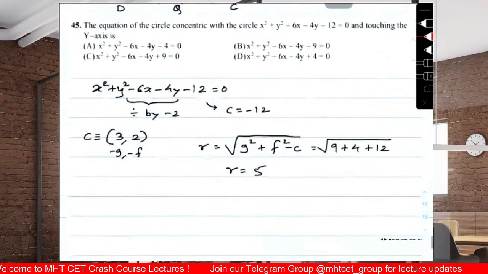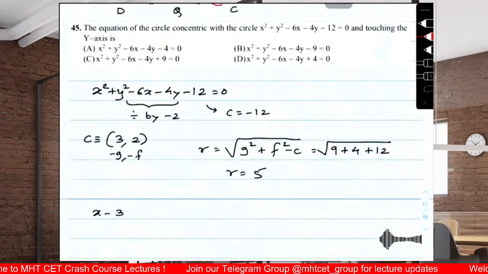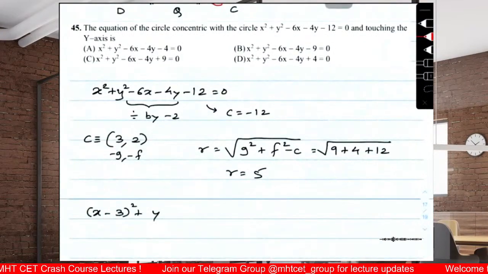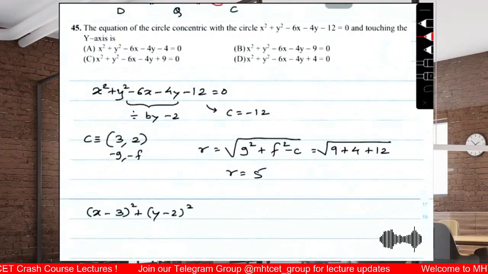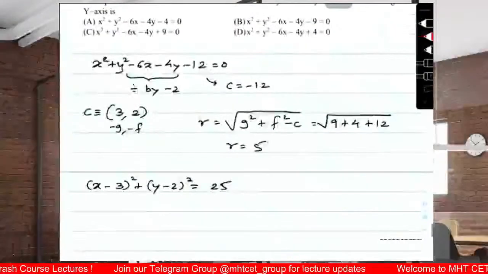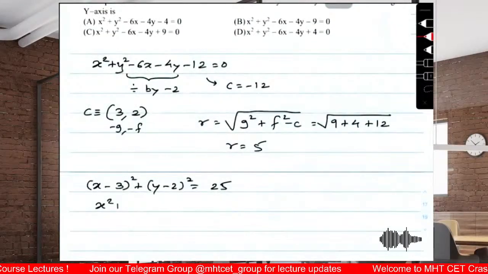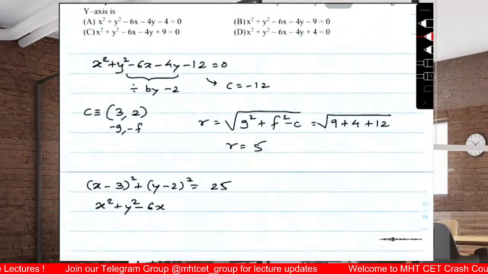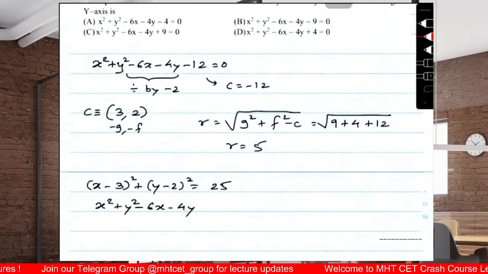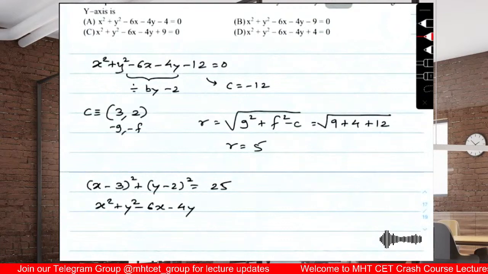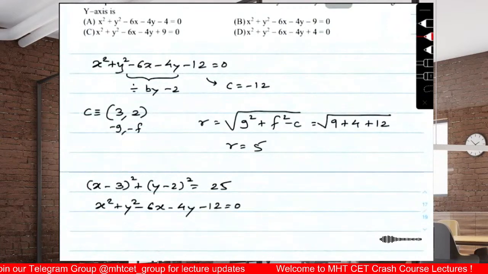So center radius form: x minus 3 the whole square plus y minus 2 the whole square equal to 25. X square plus y square minus 6x minus 4y, 9 plus 4 13 minus 25 minus 12 equals 0.